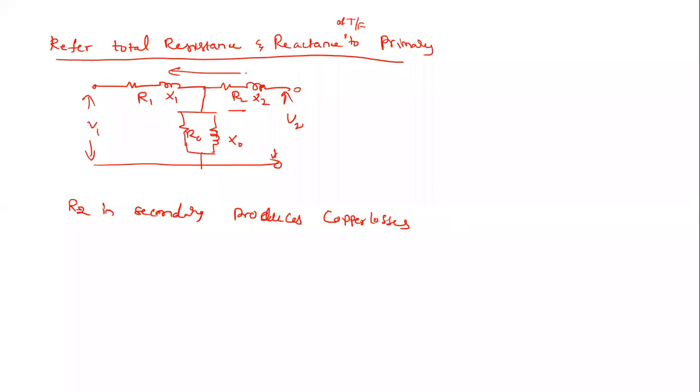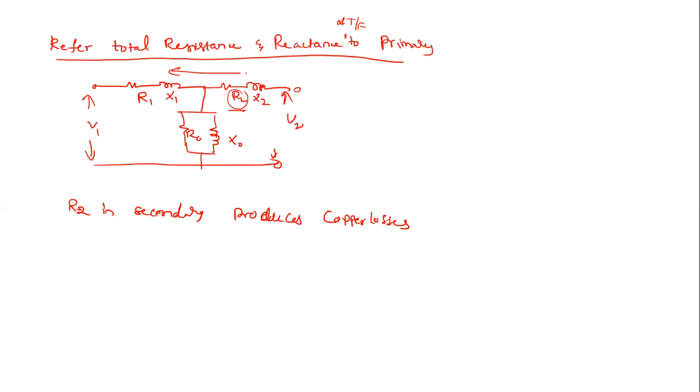Even if I refer R2 to the primary side, it has to produce the same copper losses on the primary side with the current flowing on the primary side. Yes or no? When I'm referring, the effect of that parameter should not change.